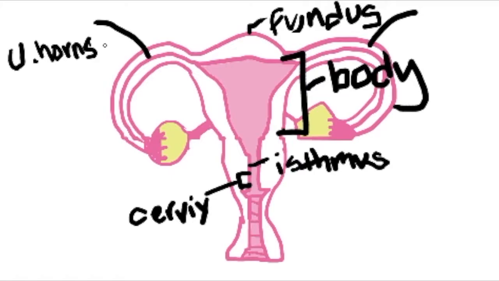And then we have the fallopian tubes on either side, which then lead to the ovaries, one on either side of the uterus. And the ovaries are the structures that produce eggs for reproduction. So here we have our ovaries.